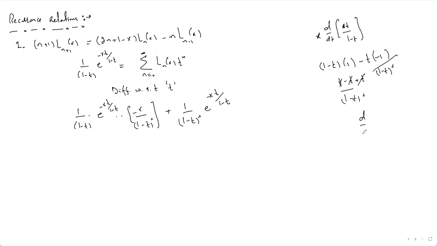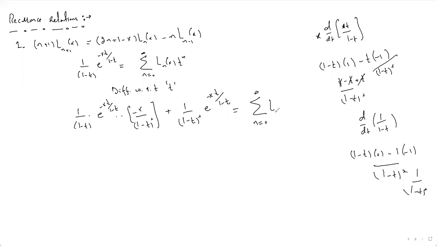Because d by dt of 1 divided by 1 minus t is 1 minus t into 0, minus 1 into minus 1, divided by 1 minus t whole square. So minus 1 into minus 1 becomes plus, and it will be 1 divided by 1 minus t square. So this will be equal to the summation, n running from 0 to infinity, of L n of x, which remains as such because it is a function of x, but here it will be n t raised to power n minus 1.